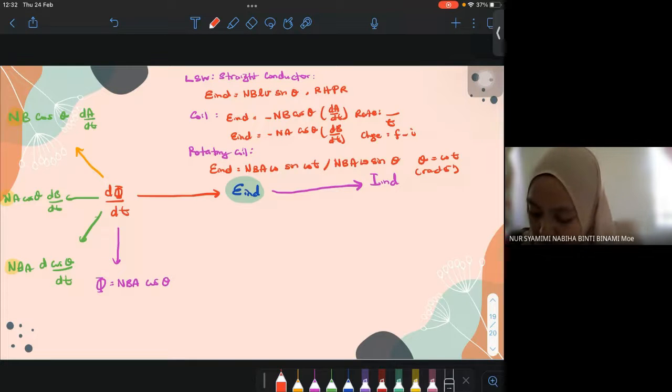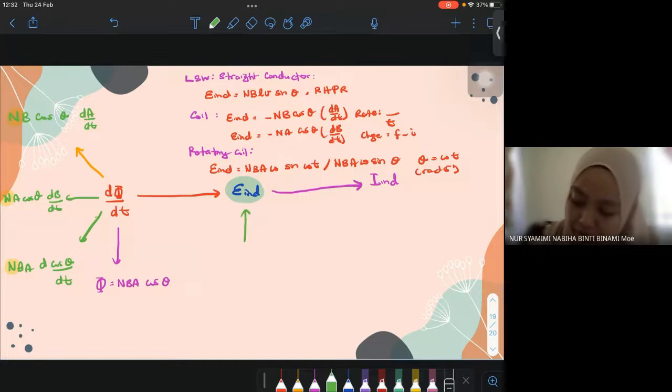So you learned E induced yesterday. You know its magnitude is d flux over dt equals d NBA cos theta over dt, which is Faraday's law.